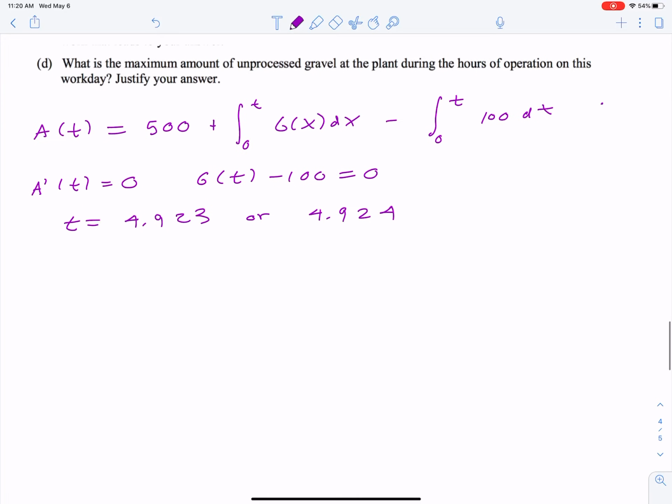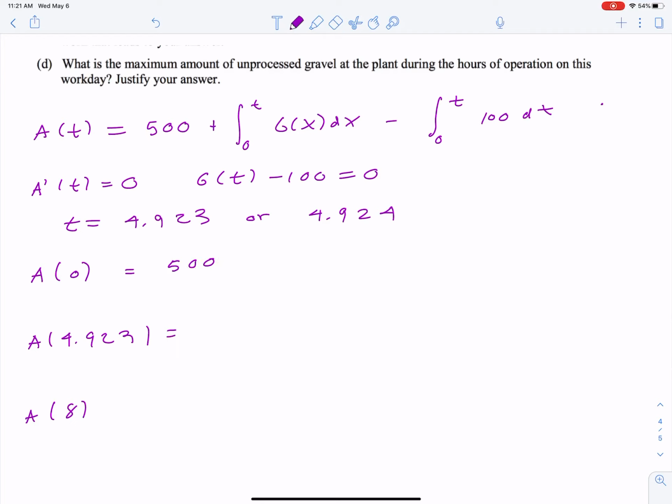Now, in order to evaluate this, I think you guys would agree, I need to look at my endpoints also. So I need to know what is A of 0, A of my critical value 4.923, and then my other endpoint, A of 8. At A of 0, we are told there's 500 tons.